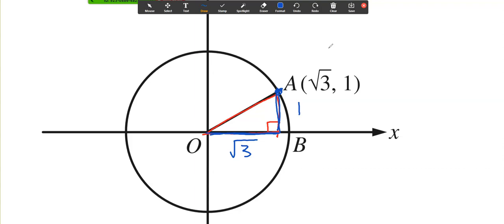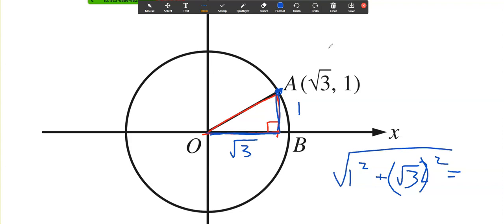If you don't know what the hypotenuse is there, you can do 1 squared plus radical 3 squared, and then take the square root of that. That's going to be 1 plus 3, which is 4, and the square root of 4 is just 2. But you're dealing with a 30, 60, 90 right triangle. That is a 30-degree angle in there.